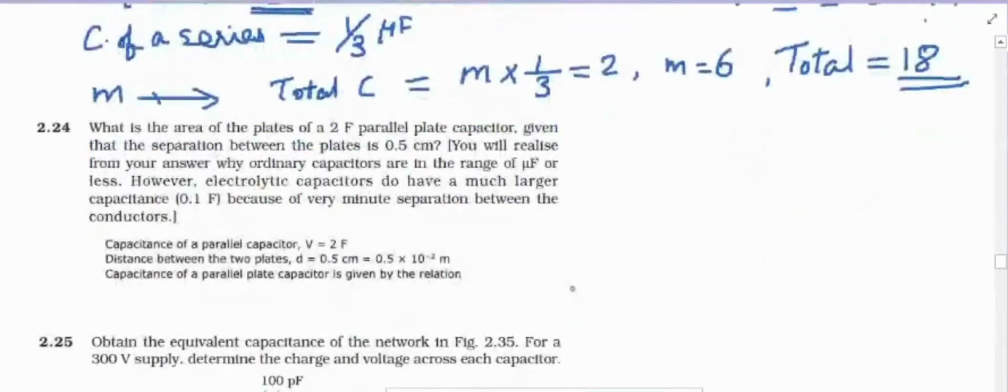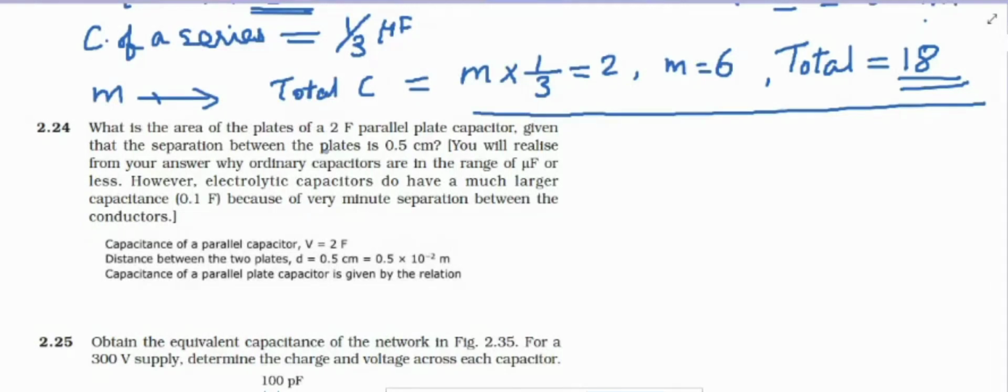Now, next, come to question 24. Here we need a 2 farad capacitor. The distance between the plates D is given. Then we need to calculate the capacitance of the parallel plate capacitor.